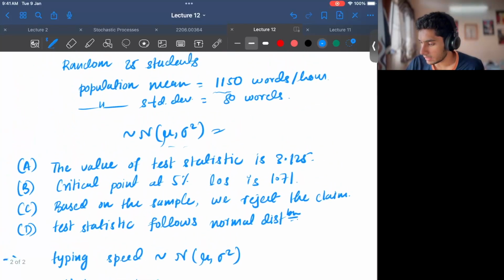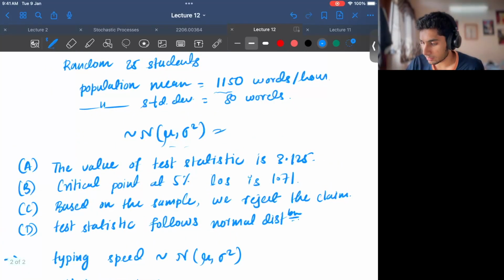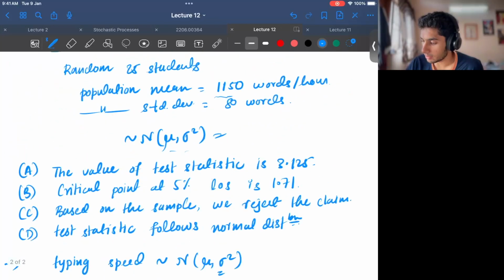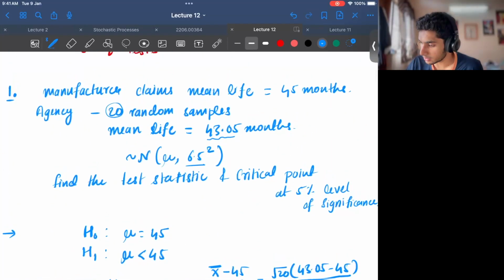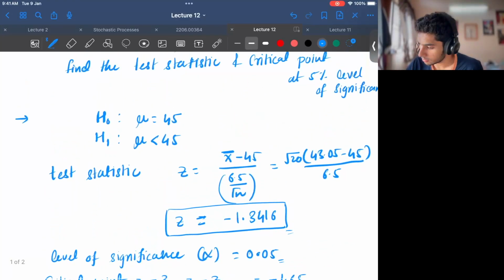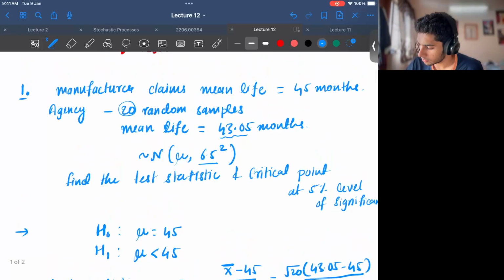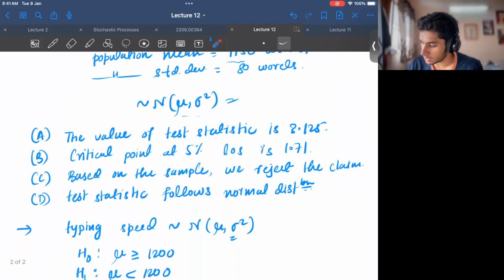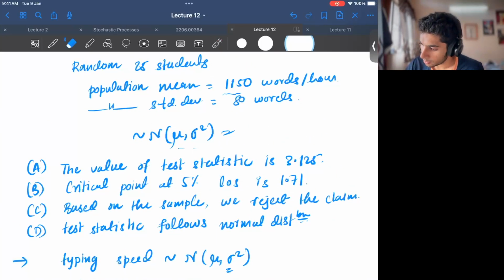Now, in this case, sigma square is unknown to you. In the previous problem, if you remember, I think I wrote it incorrectly. Just a second. This should not be population, this should be sample. Sorry.